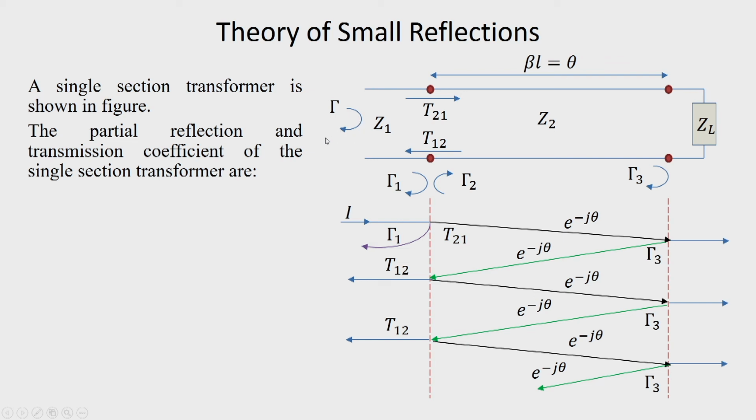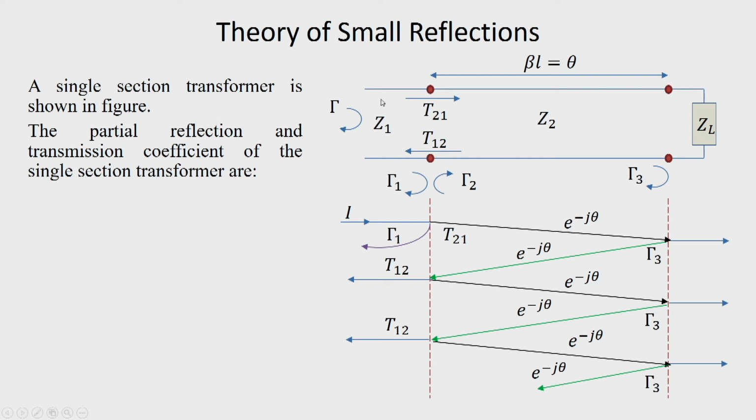So, here gamma is the overall reflection coefficient. Now, at this junction, when the wave travels, it sees a mismatch of impedance, and the partial reflection coefficient gamma 1 is dependent upon this mismatch Z2 minus Z1 divided by Z1 plus Z2, as we will see.